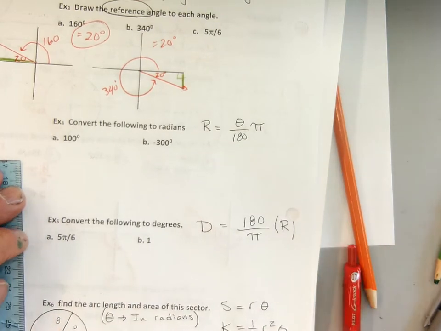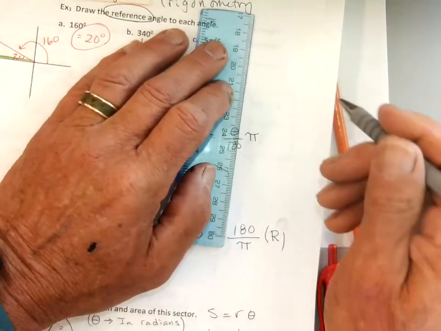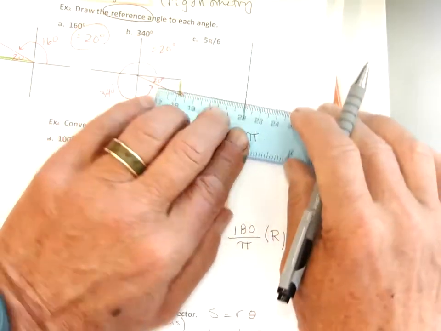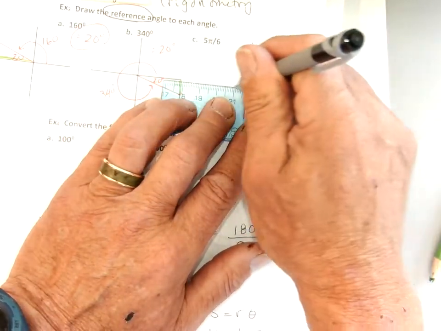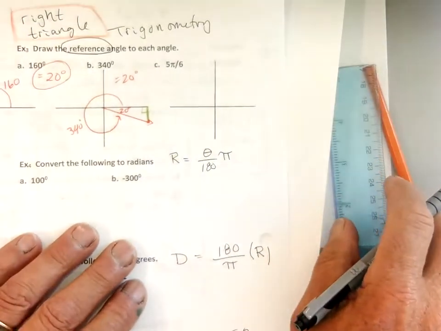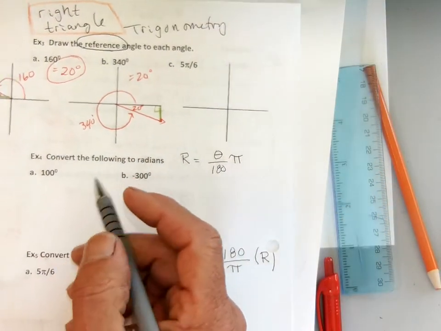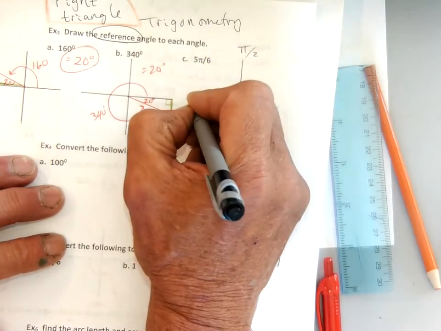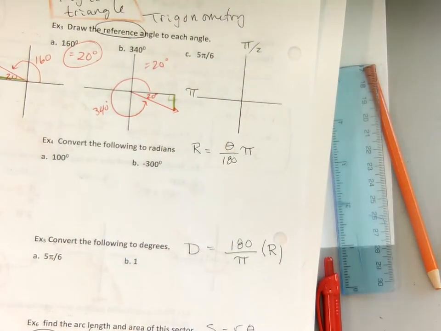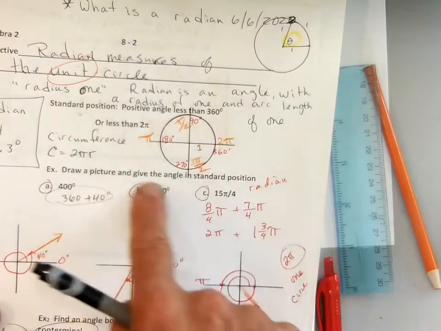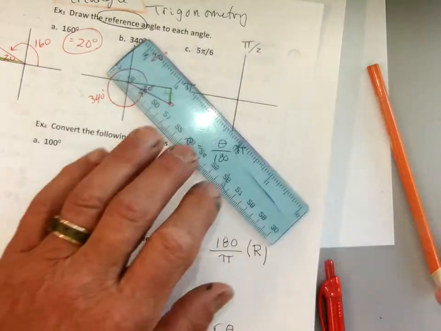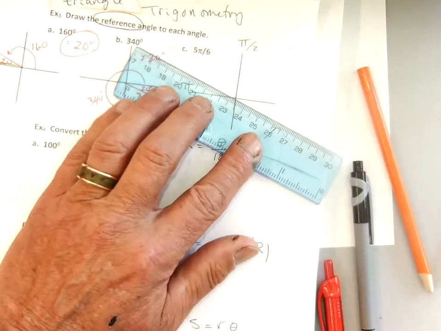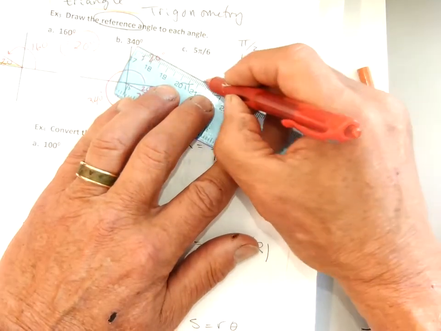Okay, C is a little bit harder, but we can do it because we're smart. Am I doing okay so far? 5 pi over 6. What we learned is this was pi halves, and that was pi. So that means 5 pi over 6 is right about there.